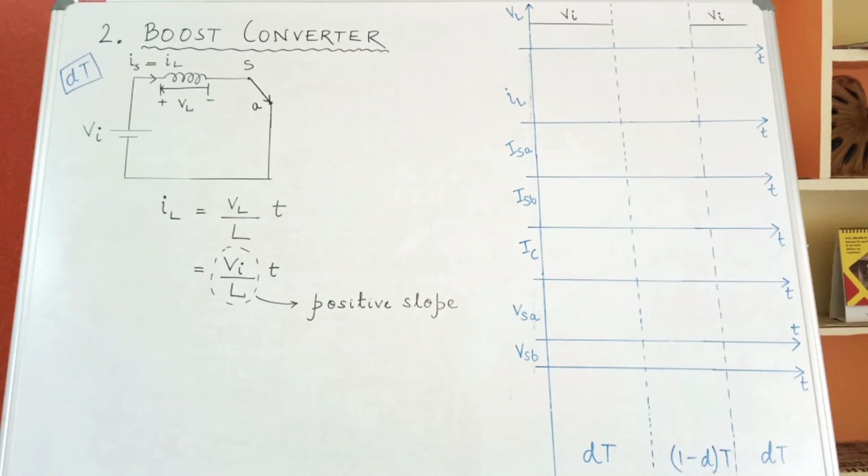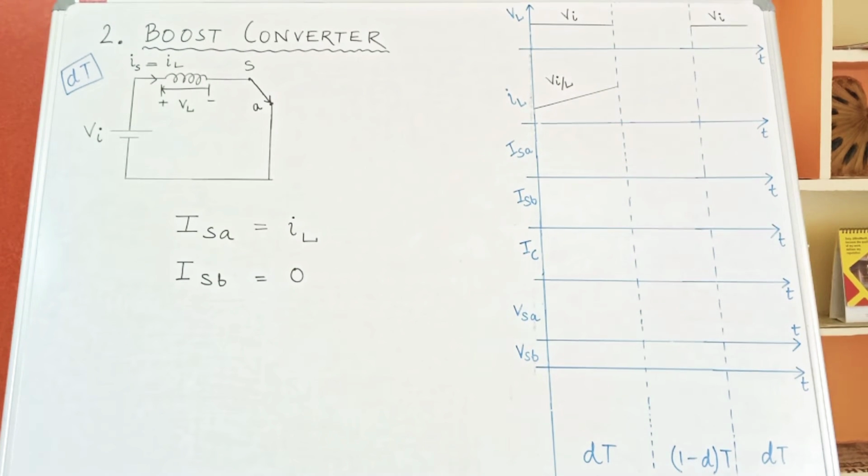So, substituting it, we will get IL is equal to Vi by L into T. So, again it is a y equal to mx equation, a straight line having a positive slope of Vi by L. Again, we should take another consideration, that is inductor current is continuous. Hence, I have drawn the IL figure on the right hand side. As IL you have already calculated to have a positive or increasing slope of Vi by L, I have shown IL to be an increasing slope during dT period of Vi by L.